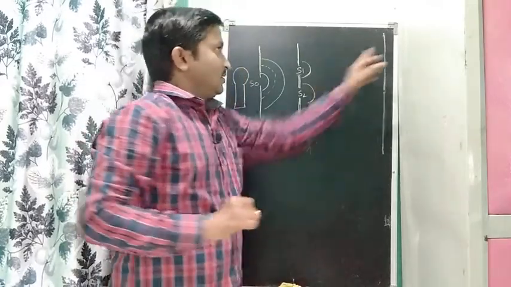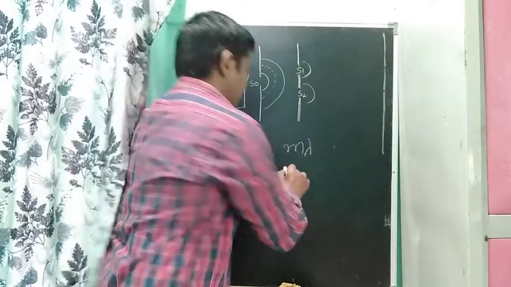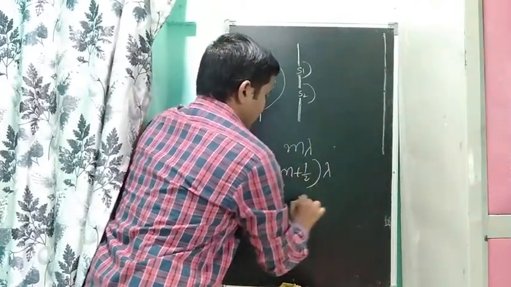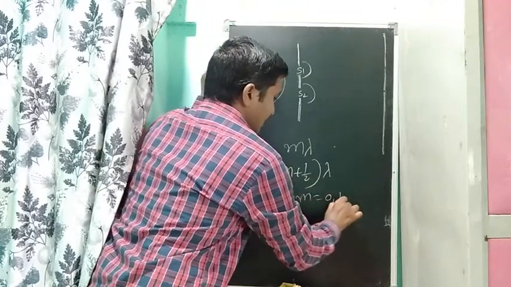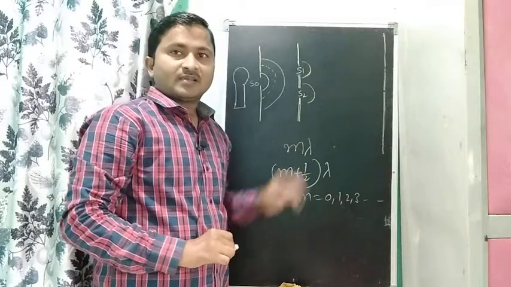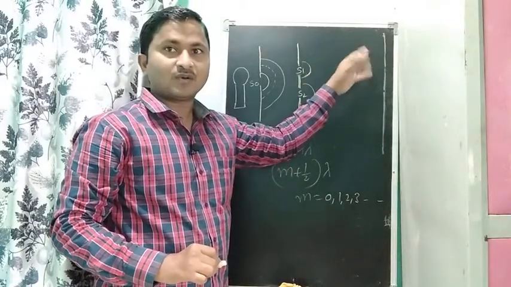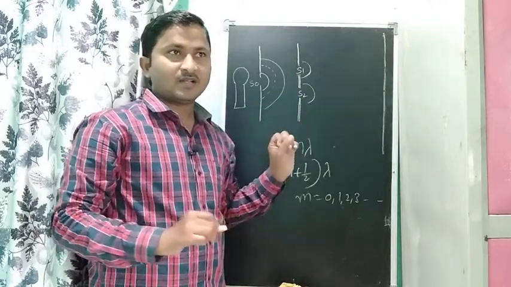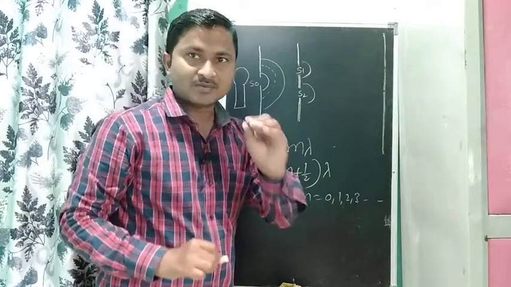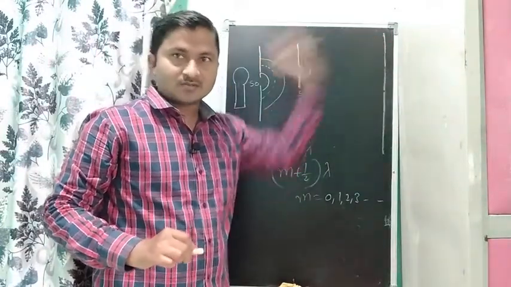Similarly, if the path difference between the two light waves is (m plus 1 by 2) into lambda, where m equals 0, 1, 2, 3 and so on, then they undergo destructive superposition. That means the crest of one wave falls on the trough of another wave. Due to that destructive superposition, the resultant amplitude becomes 0. As a result, the intensity of light becomes 0.